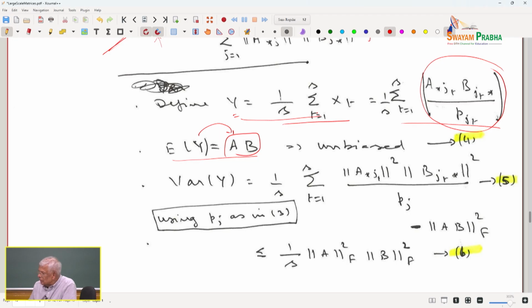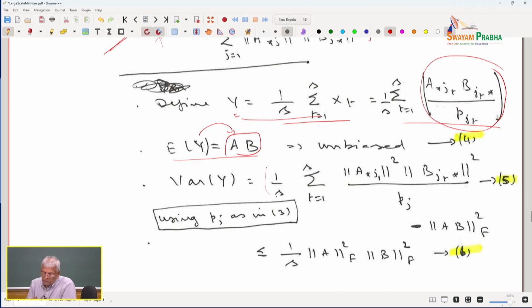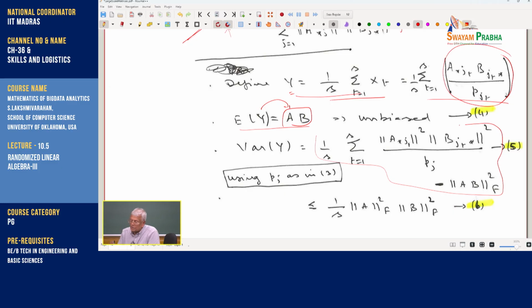So, what am I going to do? I am going to first define the distribution, because A is known, B is known, so the distribution is known. From this distribution, I am going to pick the row of B and the corresponding column of A, do an outer product, scale it, and repeat it s times. The average of these s outer product matrices is the estimate. That estimate is unbiased. The variance of the estimate, by virtue of the same relation, has an exact value given by this.